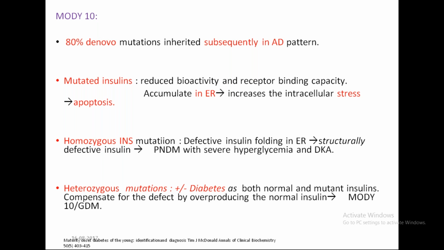Homozygous mutations of INS cause defective insulin folding in the endoplasmic reticulum, structurally defective insulin, which all get packed up there, and they also can have the same fate of stress and apoptosis, which can lead to severe hyperglycemia and diabetic ketoacidosis. Heterozygous mutations may occur with or without diabetes, as both normal and mutant insulins compensate for the defect by overproducing normal insulin, and MODY 10 GD.